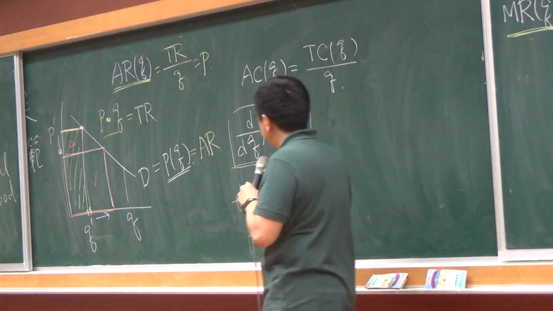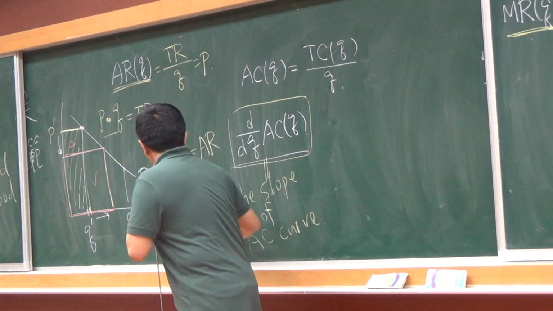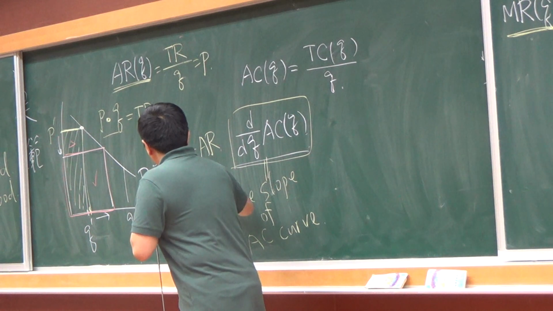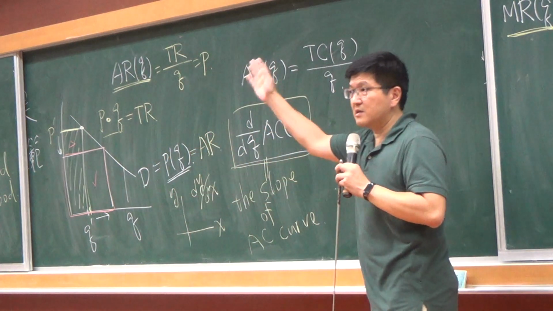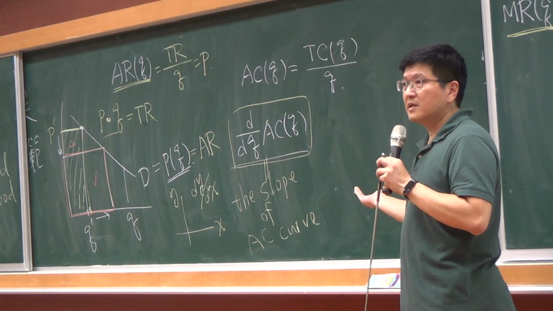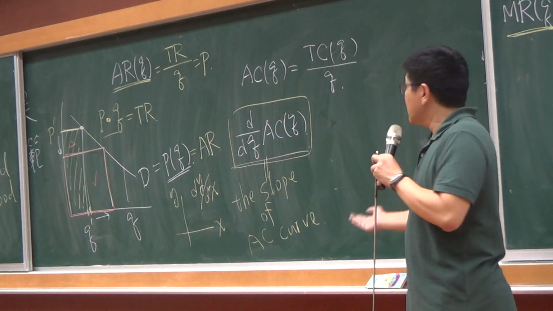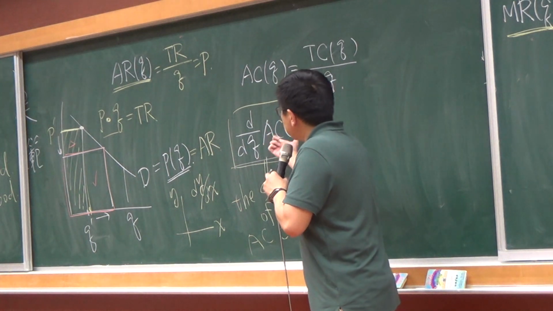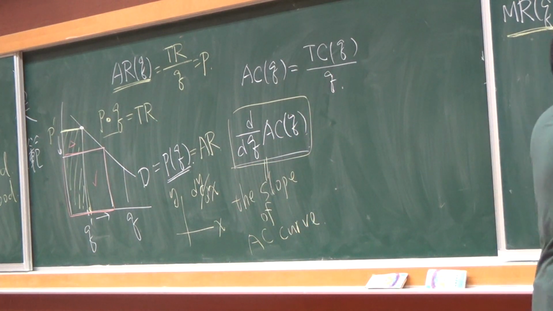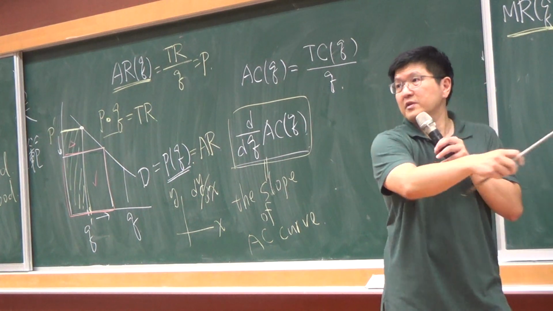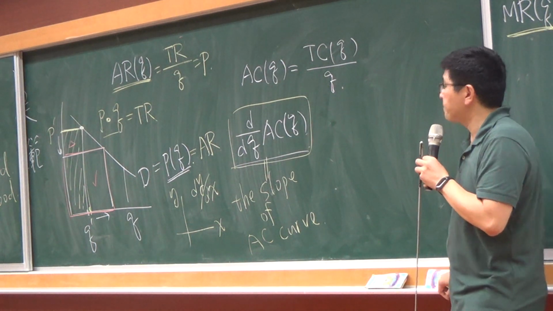Just like y and x, dy over dx is the slope of the curve on the xy plane, right? So we differentiate AC with respect to Q. It stands for the slope of the average cost curve.